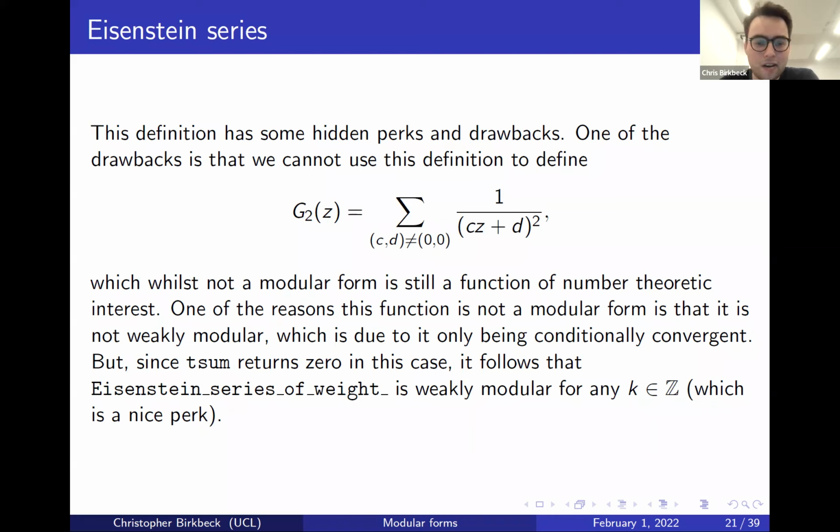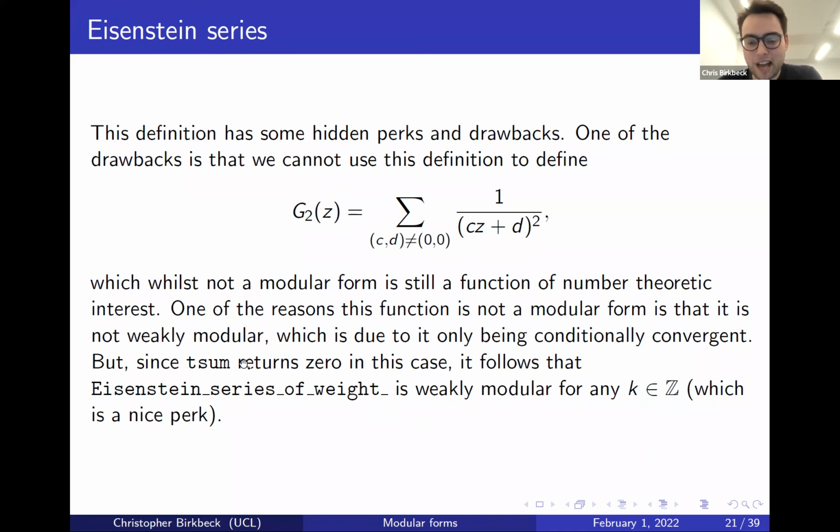But how I've defined it, because this doesn't converge absolutely, if I plug in 2, you just end up working with the identically 0 function. And the 0 function is a perfectly good modular form. So using this tsum definition, I can't quite define this function, and I'll have to think of something else to define G2 later on.